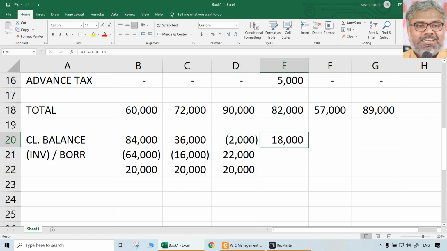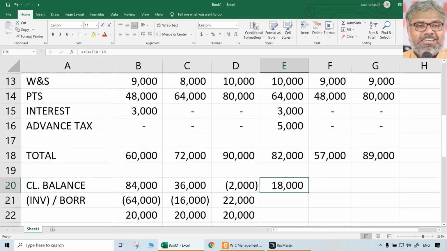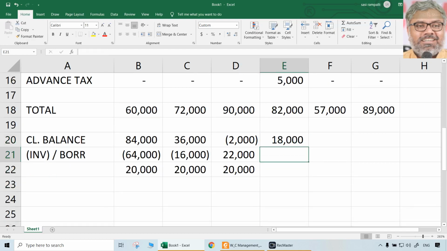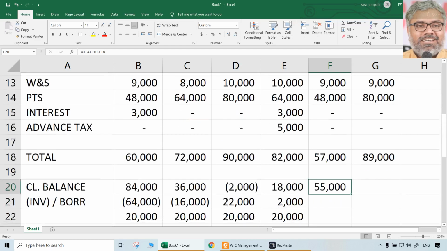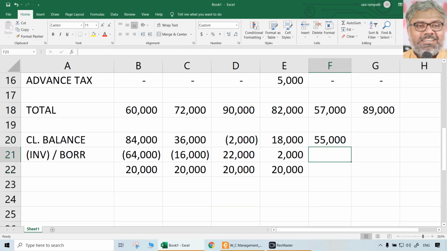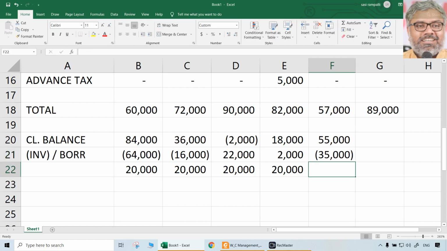Like that, for the next month, which is July, the closing balance will be 18,000. So you have to borrow 2,000, so that the closing balance is still 20,000. Then the same way for August also, but in August there can be an investment of 35,000, so that the closing balance is still 20,000.